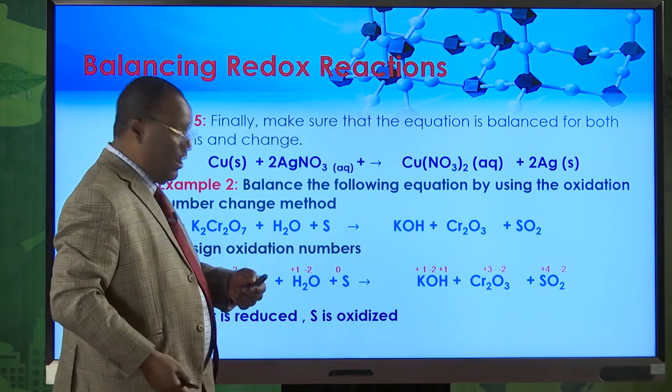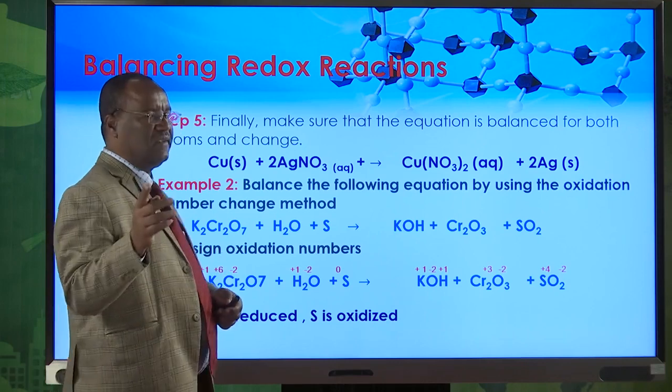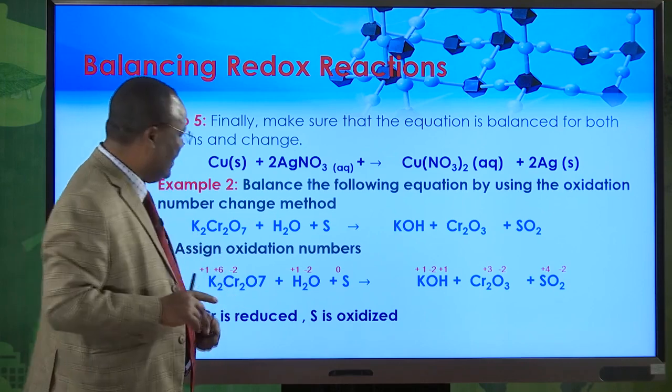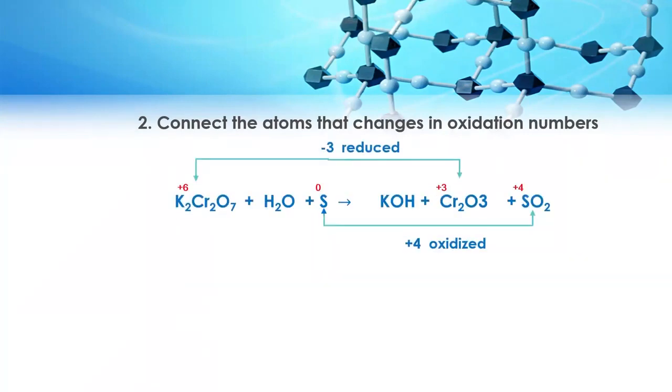The next step is to make equal the number of electrons lost and the number of electrons gained. Now let's move to the next step. We are going to connect the atoms that change in oxidation numbers, because once we identified the reduced species and the oxidized species, now we connect the atoms that change in oxidation number.